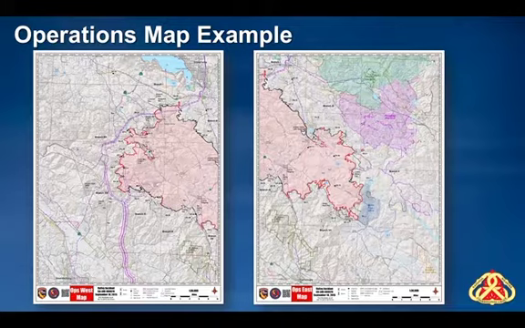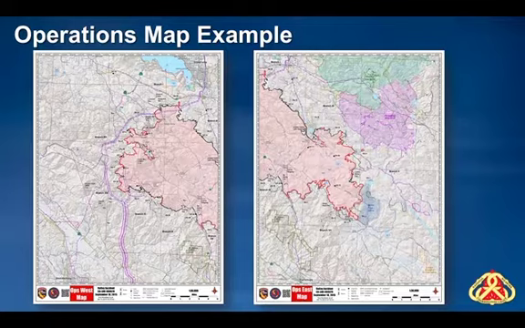As you look at these maps, it's important to take into consideration that there's extra space outside of the fire perimeters that allows for growth in case the fire does spread. The last thing you would want is the fire to grow off of your map during an operational period.